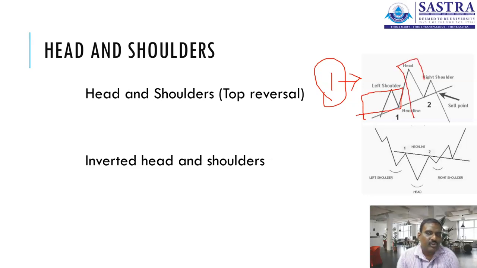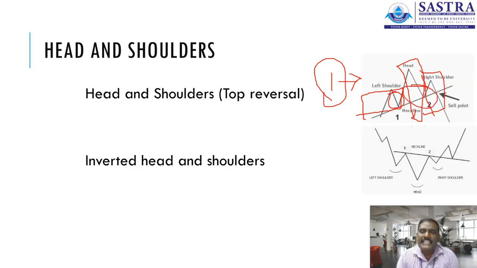The top peak that happens in the market is identified as the head, and this is considered the right shoulder. And in between these shoulders, the neckline is going to happen, for these two sides.